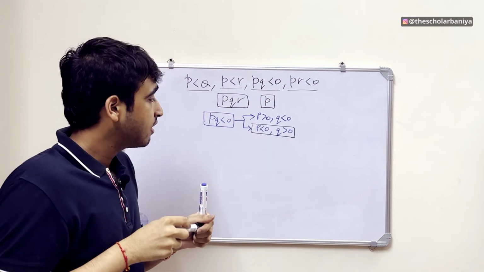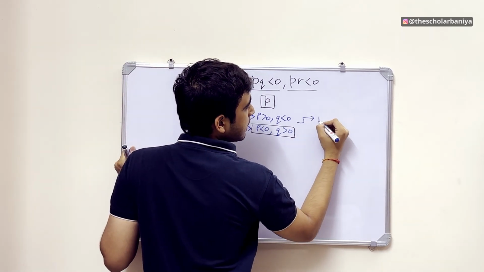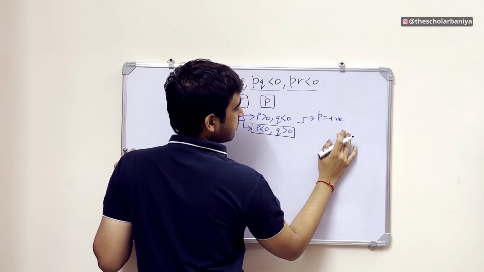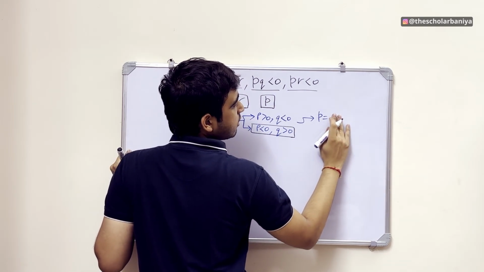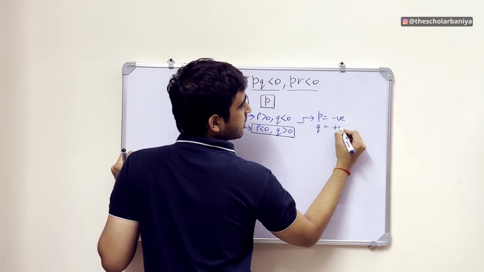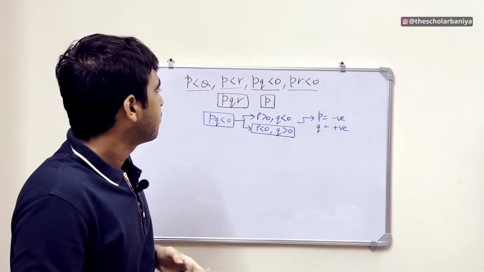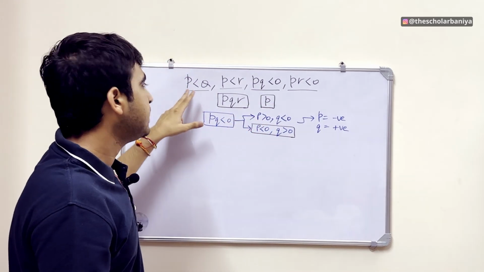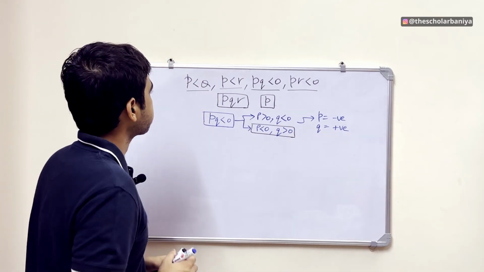So one thing we can tell from here is that P is negative and Q is positive. This should be absolutely clear, because PQ is less than 0, one has to be positive, the other has to be negative. Since P is less than Q, P will be negative and Q will be positive.